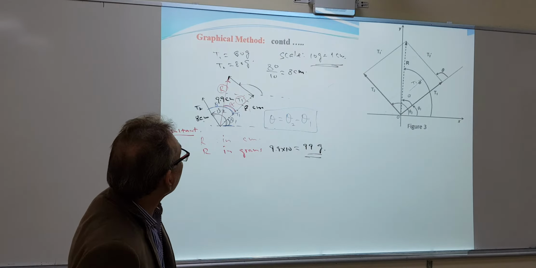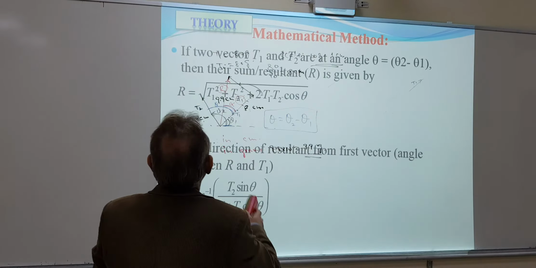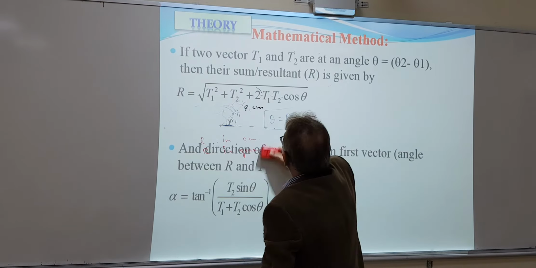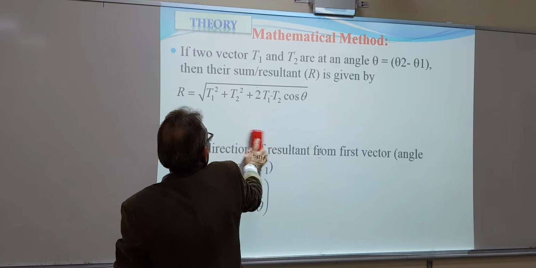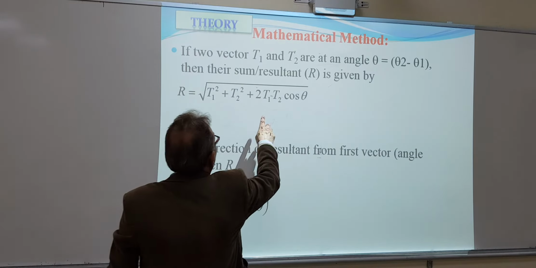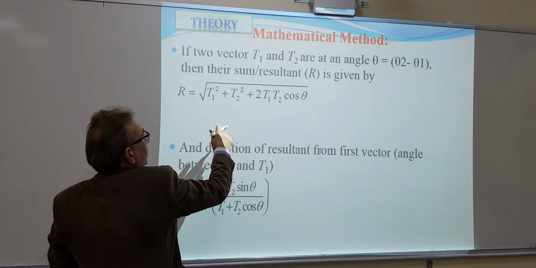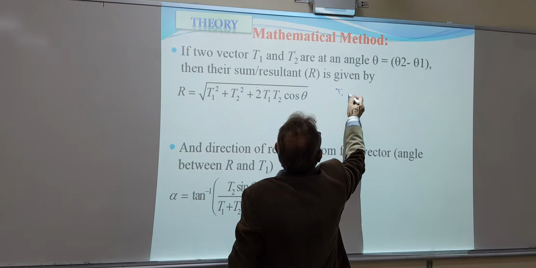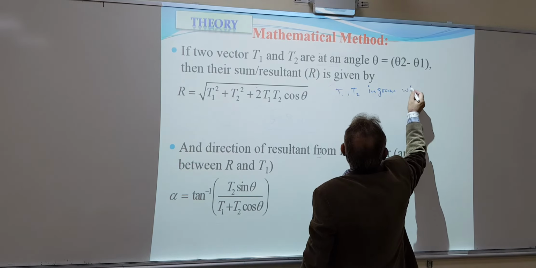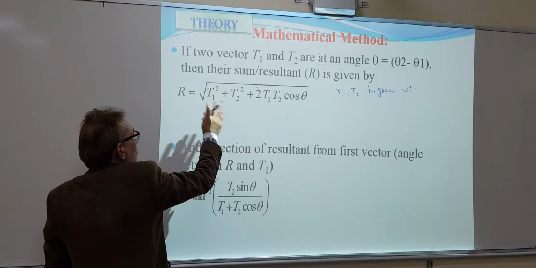Right. So that was the first method, which you already did in chapter number 3, by the way. And now, we're not going to prove this here, you will simply use this rule. You will use the same T1 and T2 in gram weight, and theta in degree, of course, from table 1.